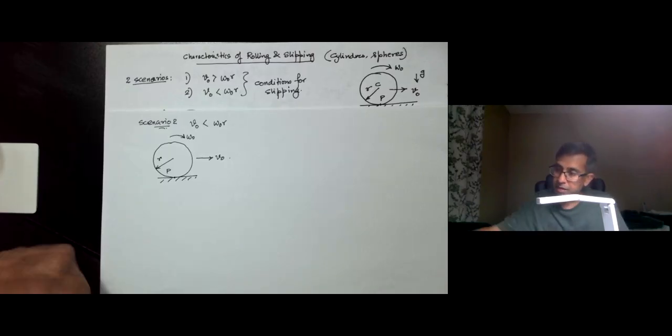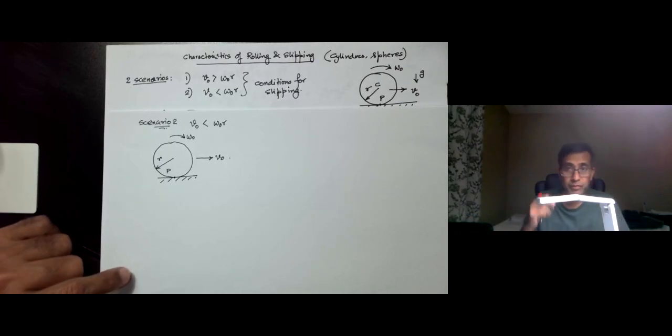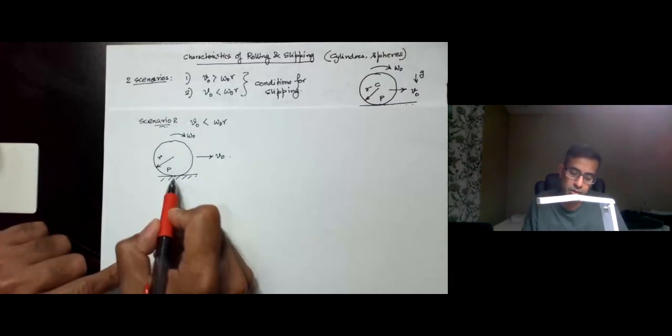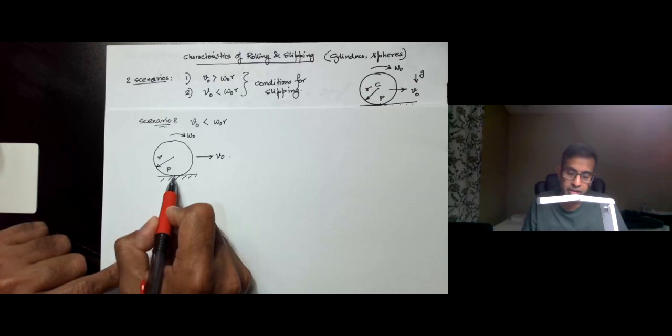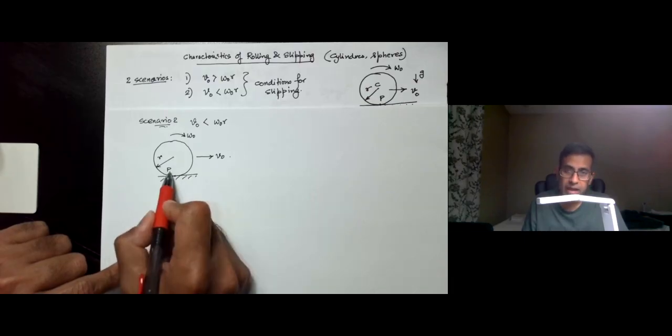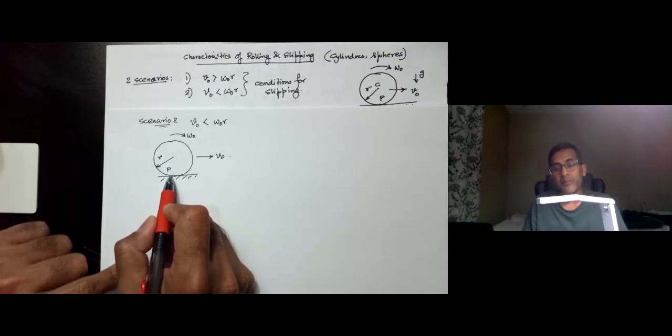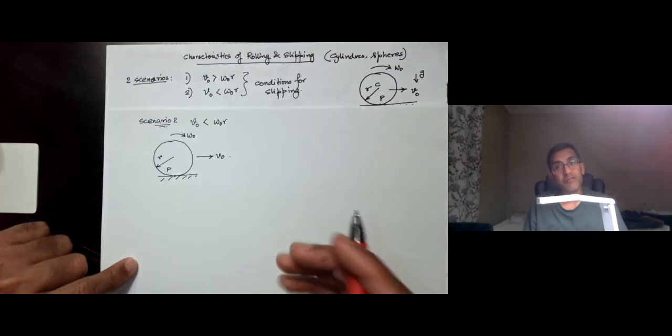Now if we consider the velocities, remember that to determine the direction of friction, what we need to do is find out the relative velocity between the ground and the point of contact of the disk with the ground. Remember that friction tries to oppose that relative velocity.